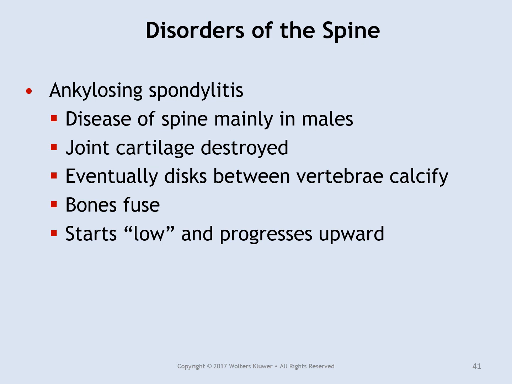In ankylosing spondylitis, usually in males, and I can't tell you why, it's just the way it is, joint cartilage between the vertebrae is destroyed and they start to calcify and lock up. It starts in the lumbar region and works its way up towards the cervical region.